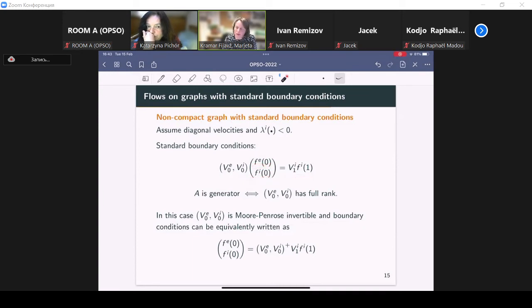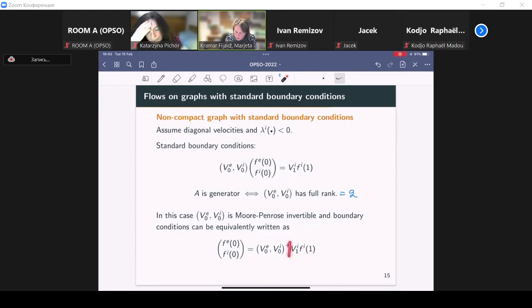And our results tell us that A is a generator if and only if this matrix is invertible, which means it has full rank. This is this Q that I had before, the number of negative external eigenvalues plus M. And of course, when this rectangular matrix has full rank, it is Moore-Penrose invertible.